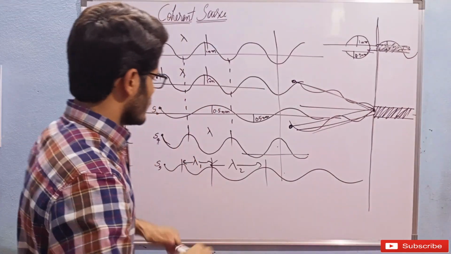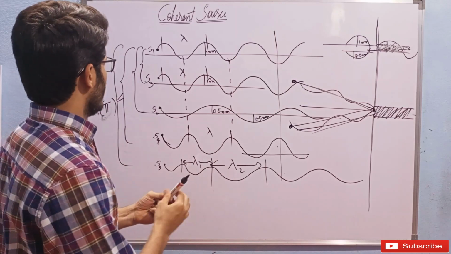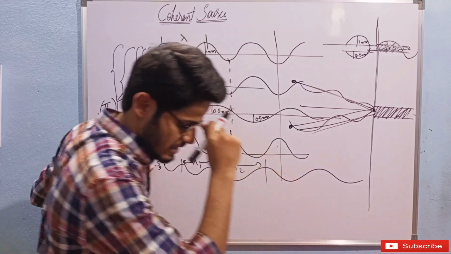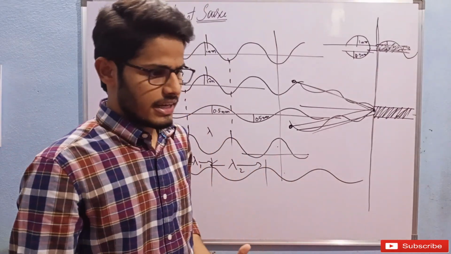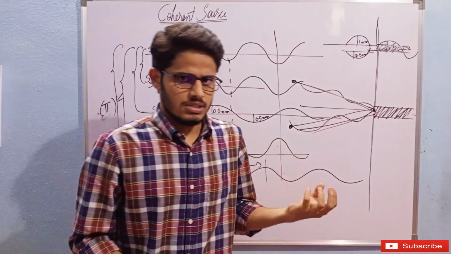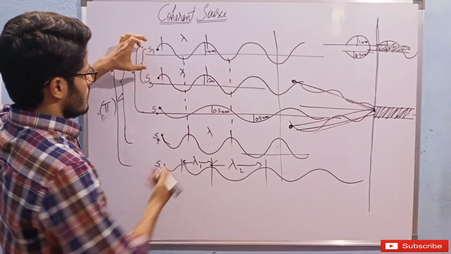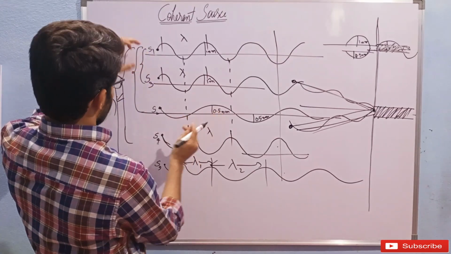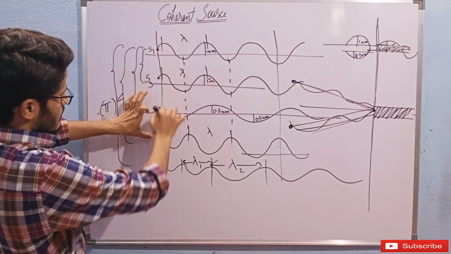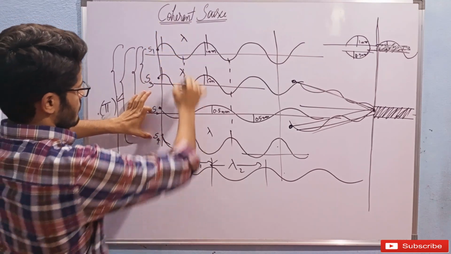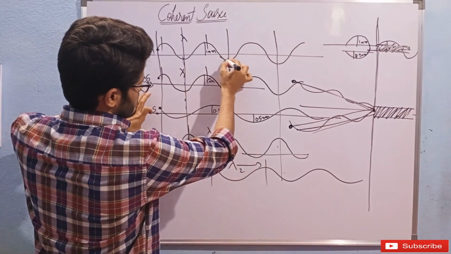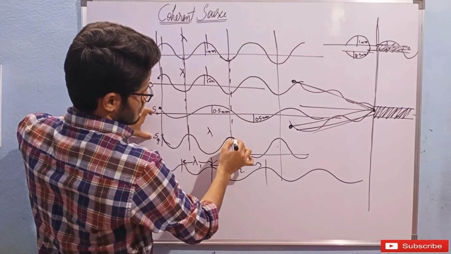Okay, now for the sources S1 and S5, the other condition is that you should get a constant phase difference between the sources, like here between S1 and S4 you are getting a phase difference of pi, again pi, again pi. This is at its bottom, this is at its top.